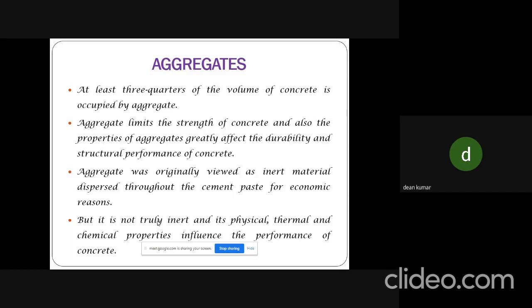So we have to be very careful while choosing the aggregates, because it is now a known fact that coarse aggregate is not truly inert, and its physical, thermal, and chemical properties influence the performance of concrete.